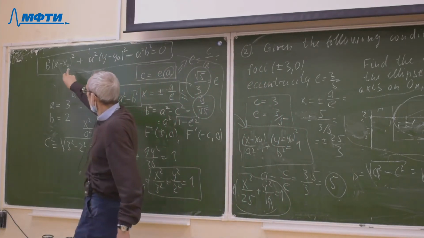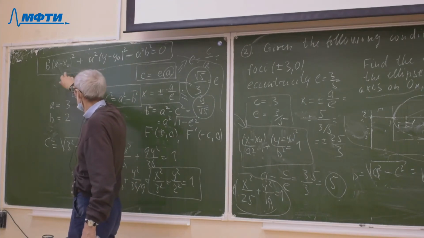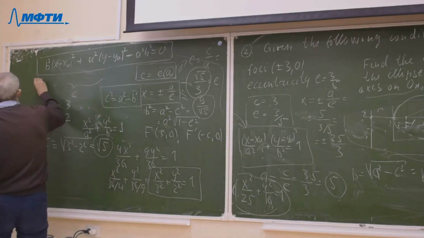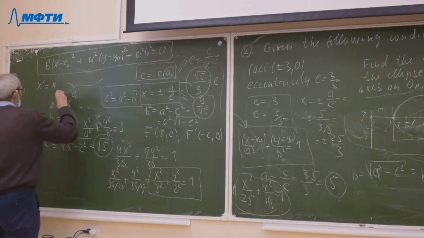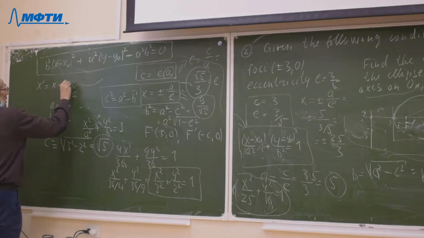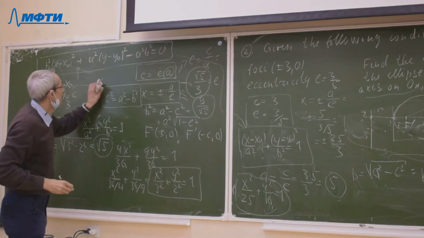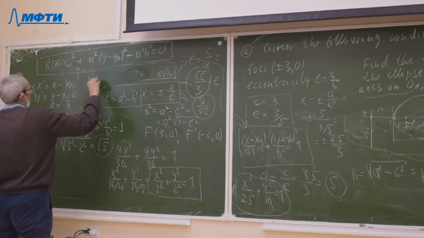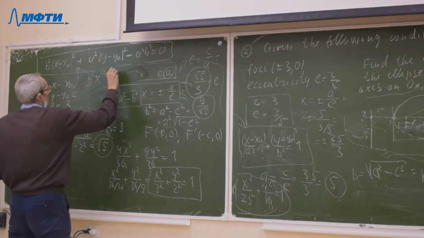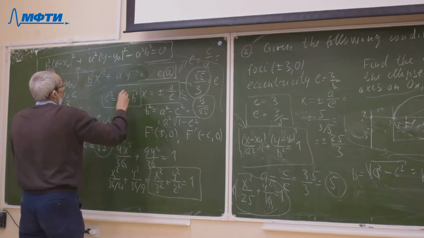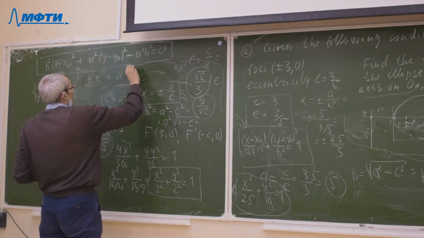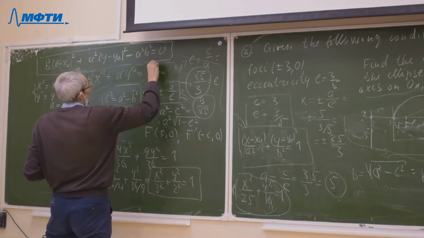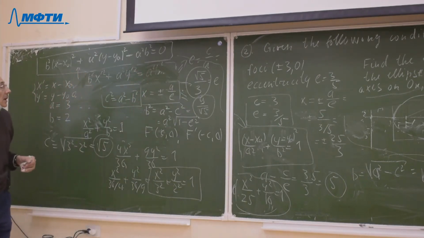First step, we can shift the origin of the coordinate system, and in the new coordinate system, x prime is equal x minus x0, y prime is equal y minus y0, we can write this equation in the following form: b square times x prime square plus a square times y prime square is equal a square b square.